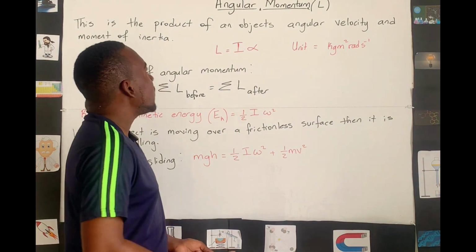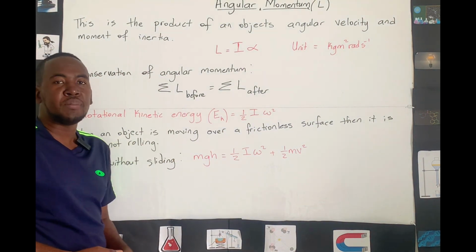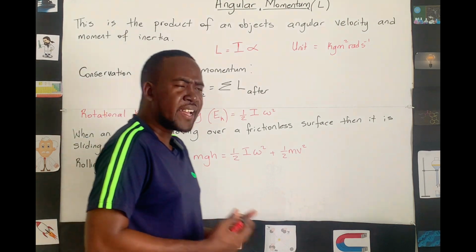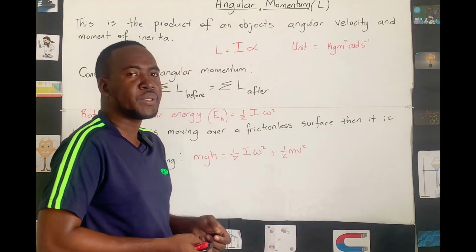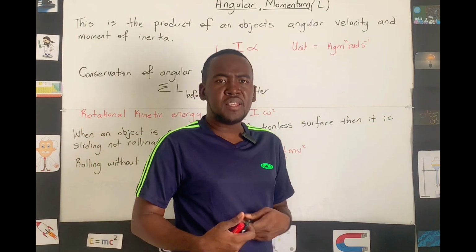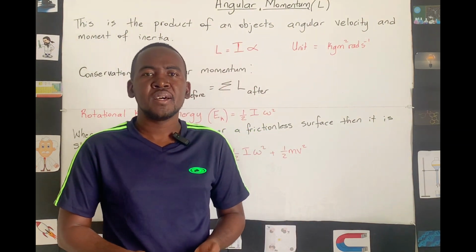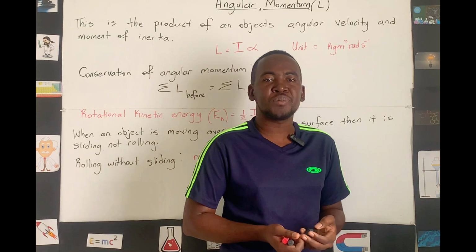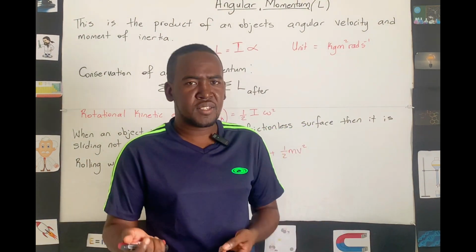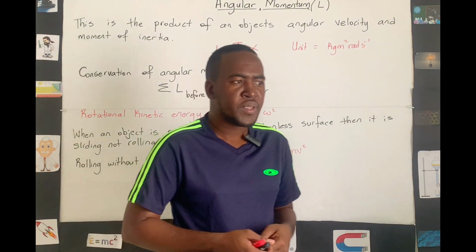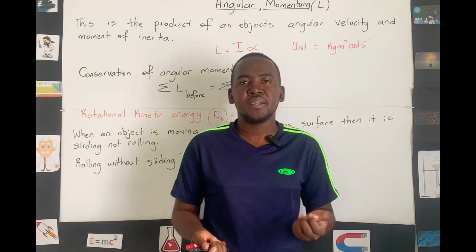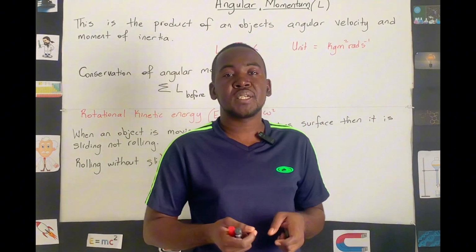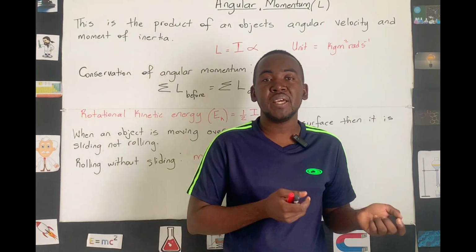Now, what do we mean by angular momentum? Angular momentum is somewhat similar to what we know before, which is linear momentum. Linear momentum had to do with the effect of objects moving in a single plane. So if we look at the x-plane, the y-plane or the z-plane, these are the effects that objects have moving in these unique planes.